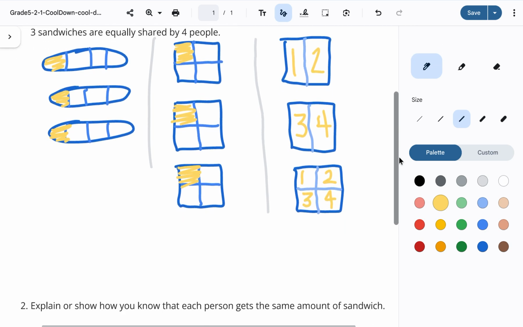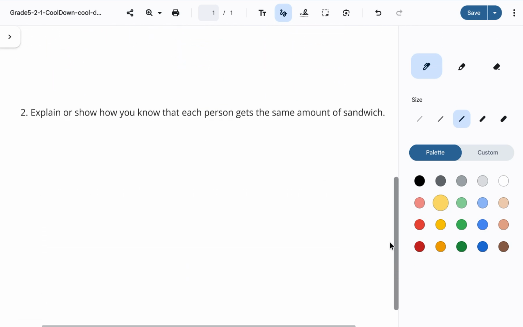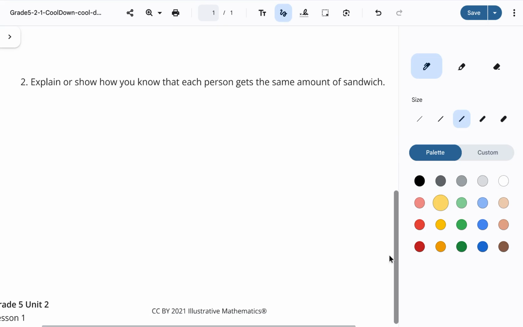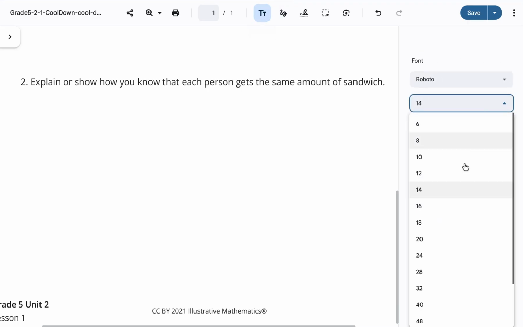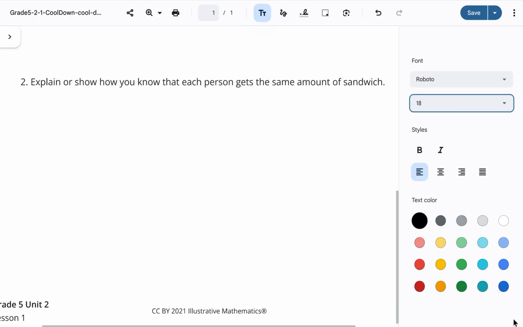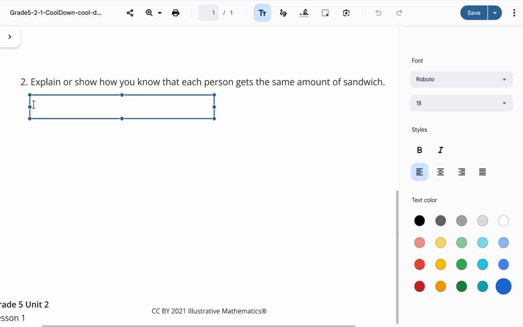Okay, now when we go down, number 2 says to explain or show how you know that each person gets the same amount of sandwich. Now, I'm going to go ahead and type this in because really here, what I'm going to do is explain how that diagram above answers that question of how much sandwich each person will get, right?